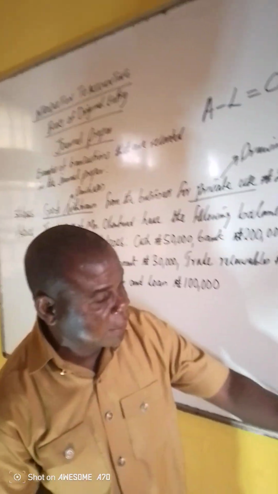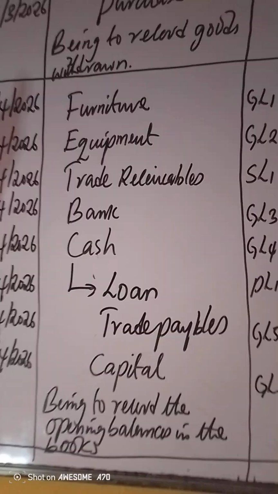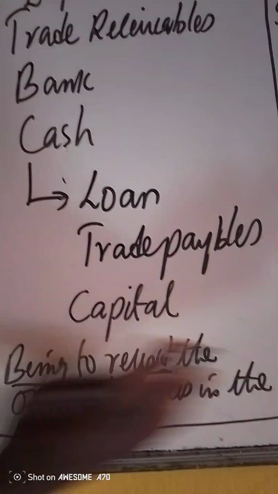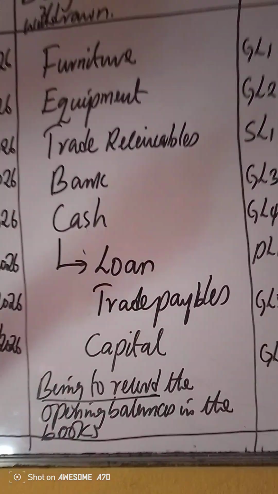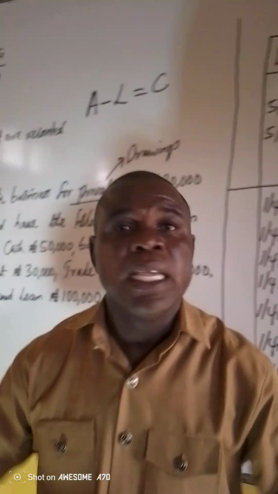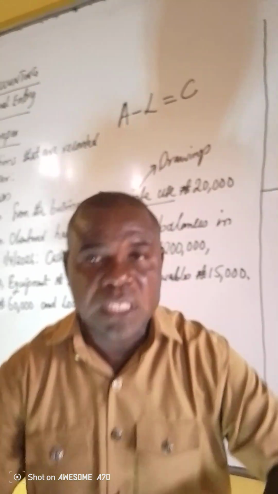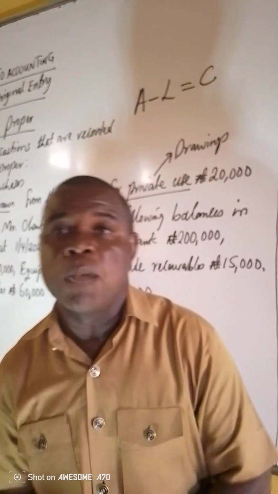So we now narrate by saying, being to record the opening balances in the books of Mr. Chartered. Mind you, this is how to post opening balances in the journal proper, which most learners on a good day might not even understand how such transactions are recorded.